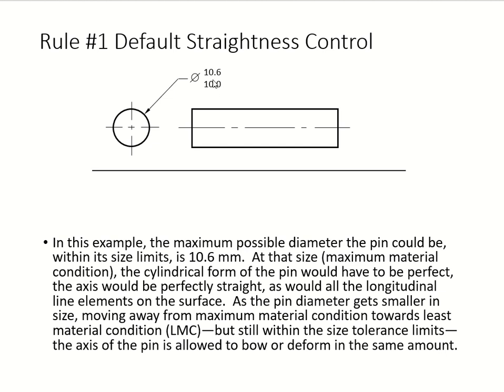Moving away from there, coming down little by little towards 10.0, but it's still within the size tolerance limit. So if this surface is going down, it's going to bow or deform. It won't be a perfectly straight surface anymore. That's what it's saying. The variation means it's not perfectly straight. It's because the value is reducing from the max material, meaning physically your material is losing from the top of the surface, going down.